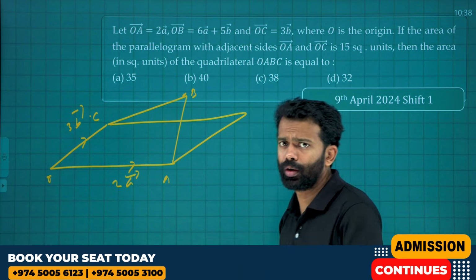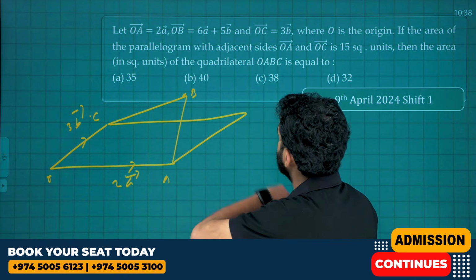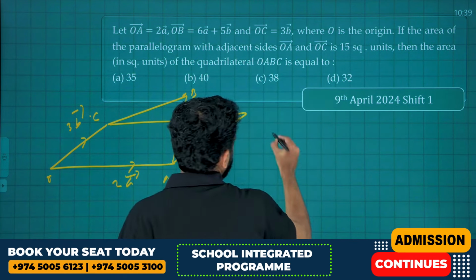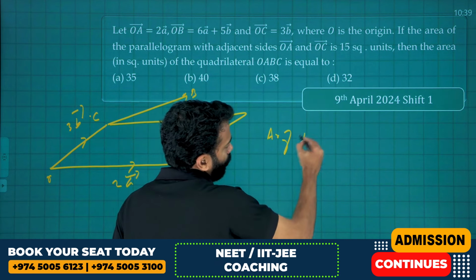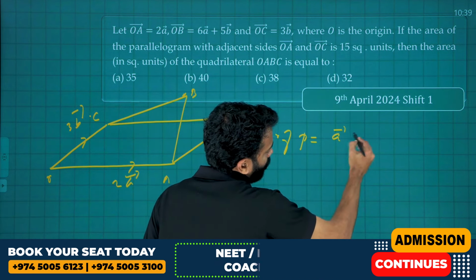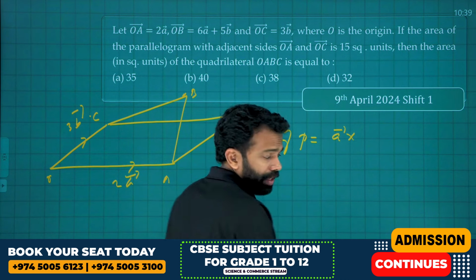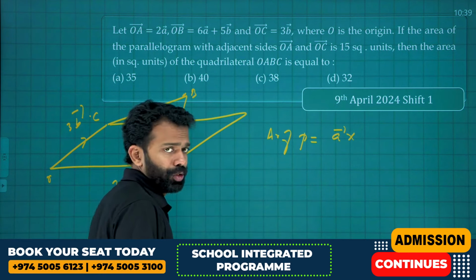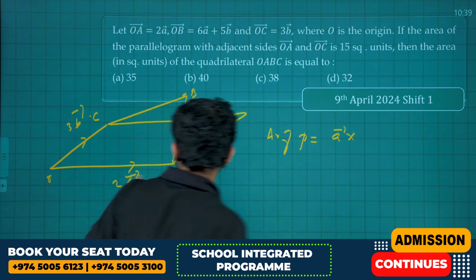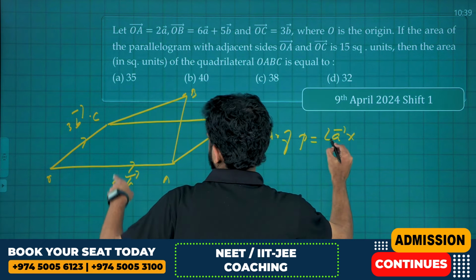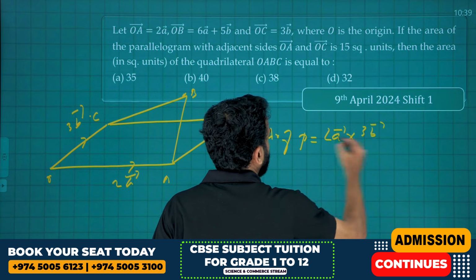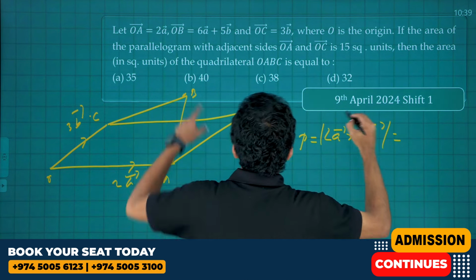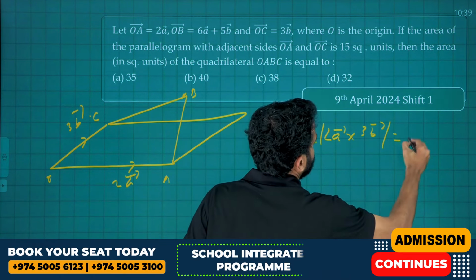What is the area of a parallelogram whose adjacent sides are given as 2 vector A and 3 vector B? If vector A and vector B are the adjacent sides, the area will be magnitude of vector A cross vector B. Here the adjacent sides are given as 2 vector A and 3 vector B, and the magnitude of that is given as 15.